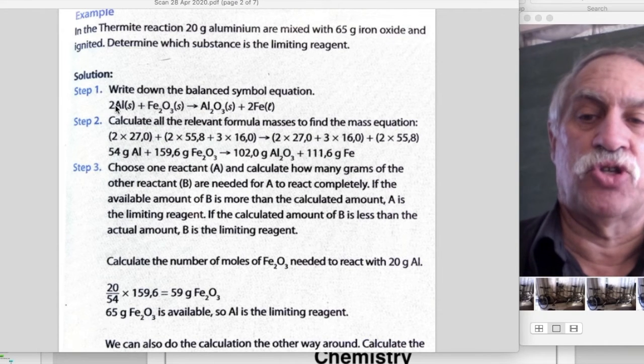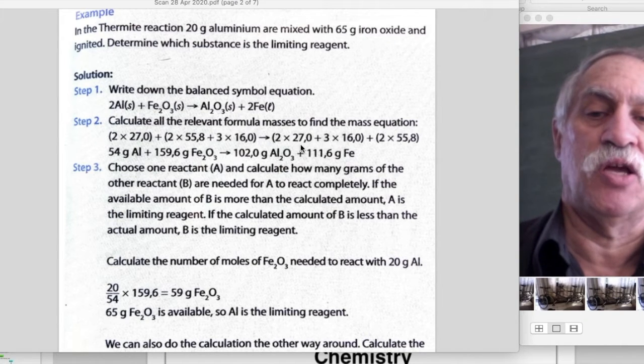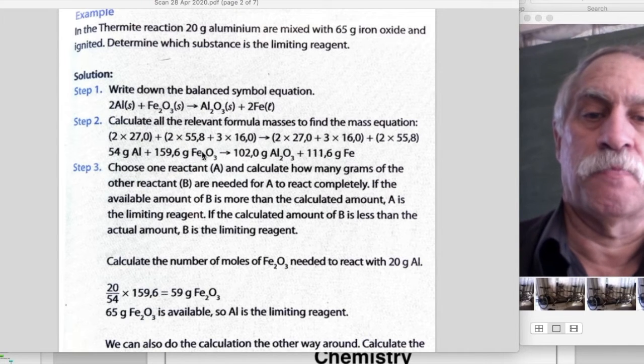So here we've got 2 times the molar mass of aluminium plus the 2 irons and your 3 oxygens, goes to form aluminium oxide, Al2O3, 2 times 27 plus 3 times 16, plus 2 Fe's, which is 2 times the molar mass of iron. So there are the amounts.